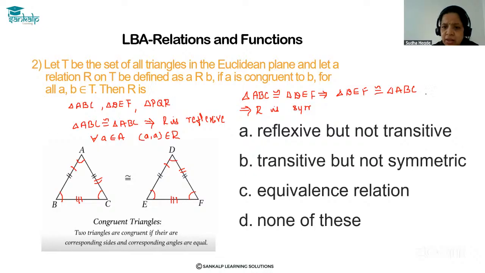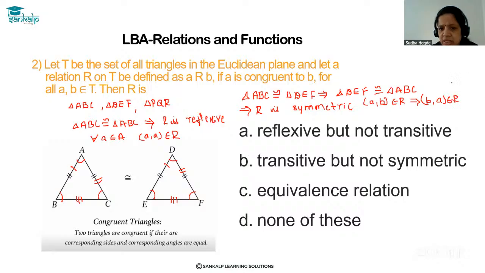R is symmetric because what is the definition of a symmetric relation? If (A, B) belongs to R implies (B, A) belongs to R, then it is symmetric.